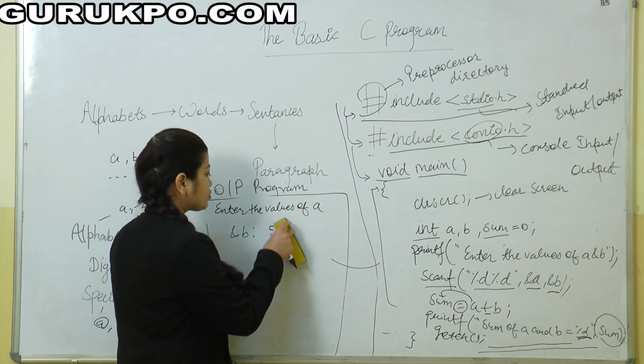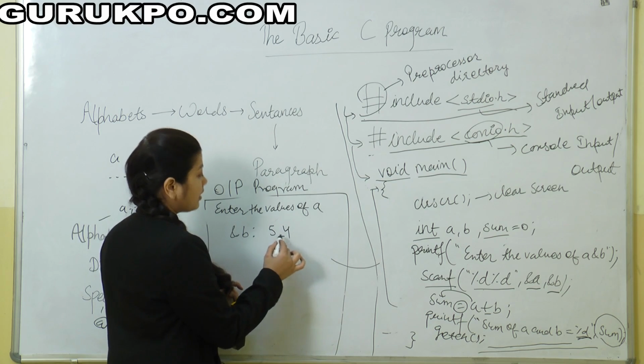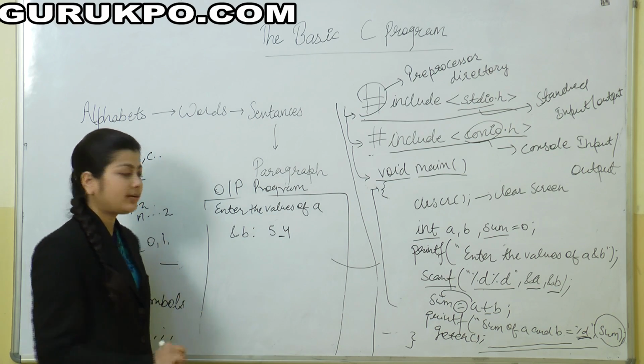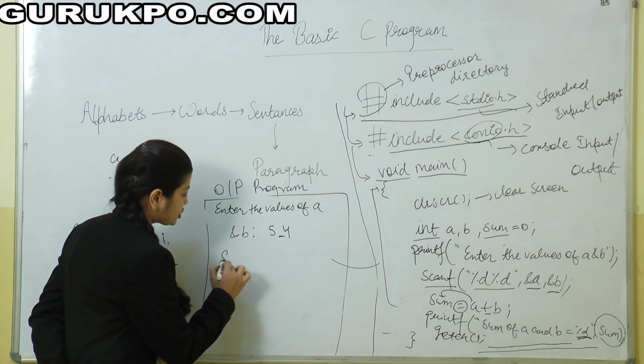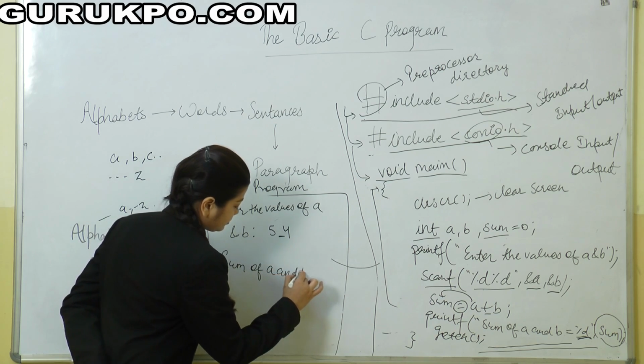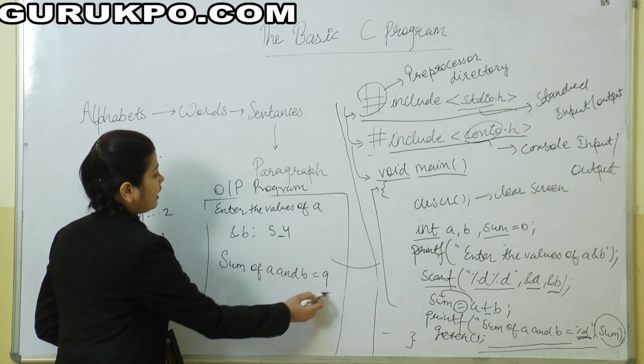So we have to separate the two values by using a single space, and after passing the values, when we press enter, we get the output, which is shown here. That is the output of our program.